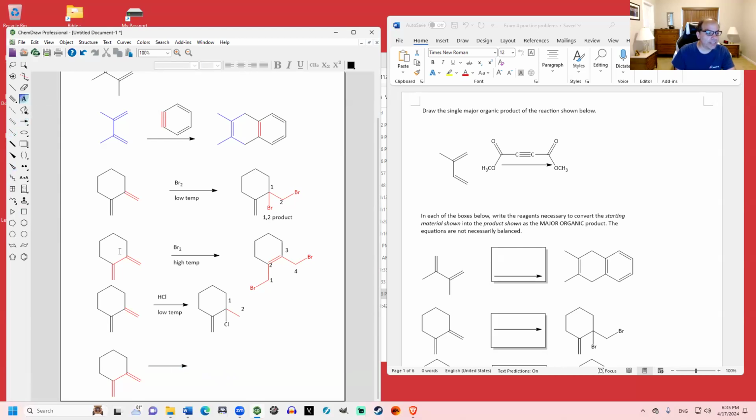Likewise, if we added HCl at high temperature, then we would get the 1,4 product, in which the double bond migrates in between carbons 2 and 3, and the hydrogen and the chlorine are in a 1,4 relationship to each other.